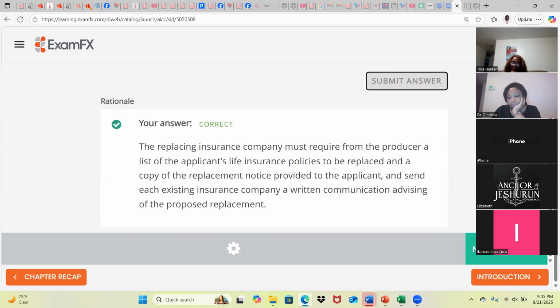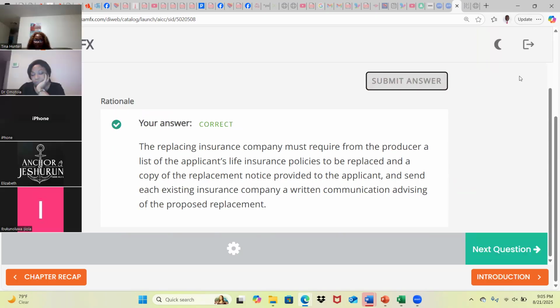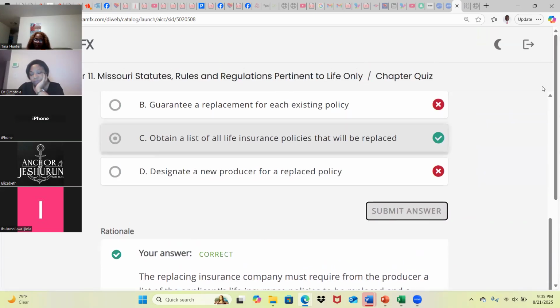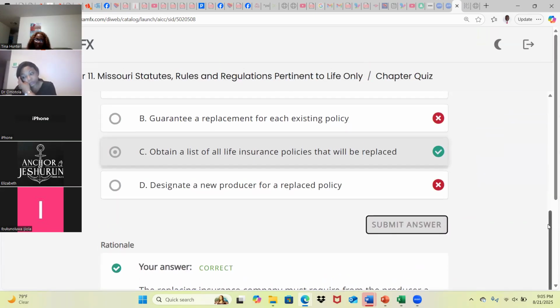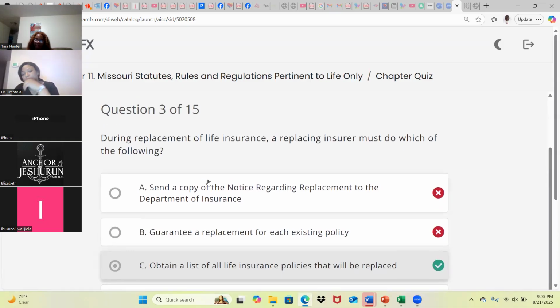And that's correct. I'm going to tell you guys the reason why I thought we should go with C. It's this phrase here: during replacement of life insurance. So in that phase, when it is being replaced, so during, they must obtain a list of all life insurance policies that will be replaced.